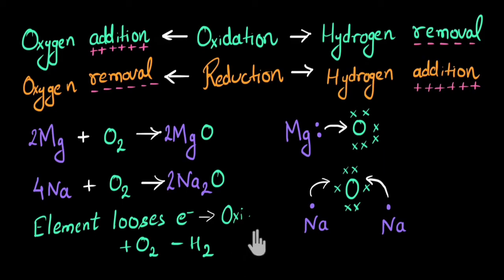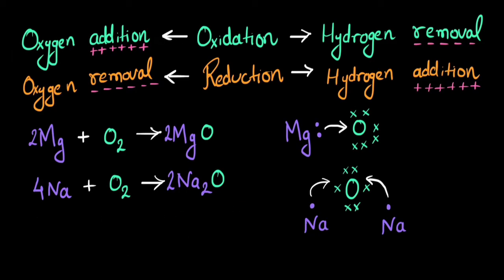This is a new definition for oxidation and reduction, and we are not going into detail of it. There is much more to this, and we have discussed that in a separate video. In this particular video, we are only talking about the conventional definition of oxidation and reduction: oxidation is where oxygen gets added or hydrogen is removed, and reduction are those reactions in which oxygen is removed or hydrogen is added.